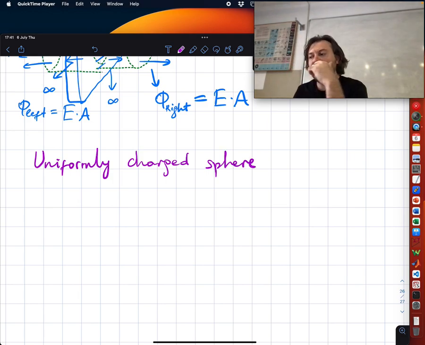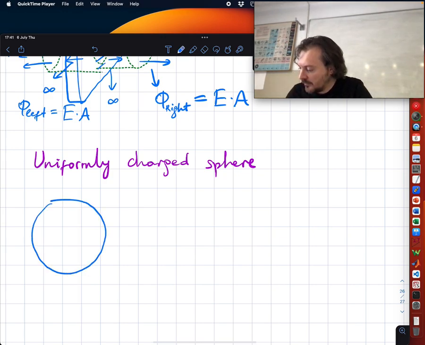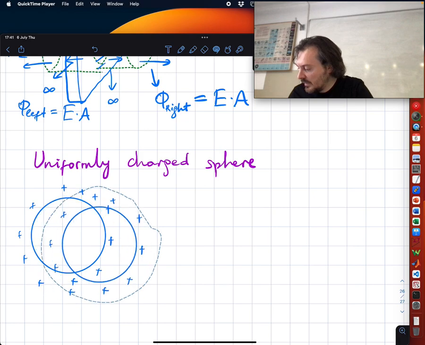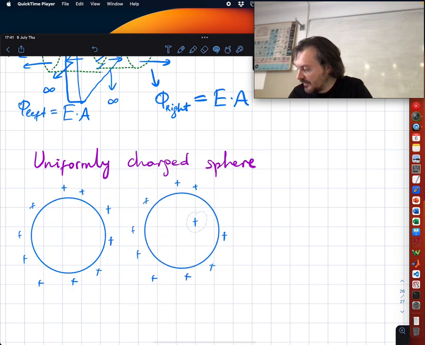Now, with a uniformly charged sphere you can get confused whether it is like this and there is no charge inside, or whether it is like that, but all the charges are inside, uniformly distributed. You see what I mean?